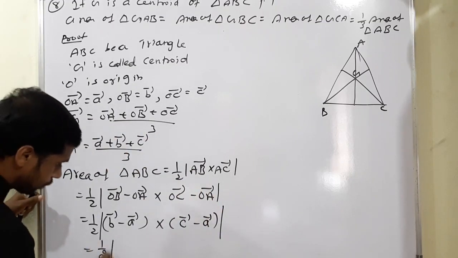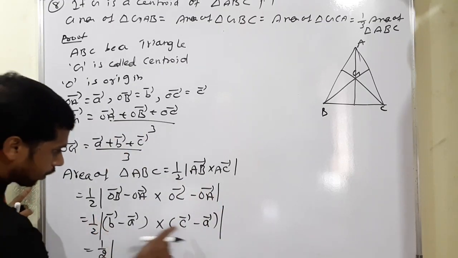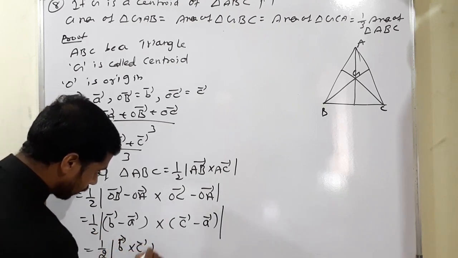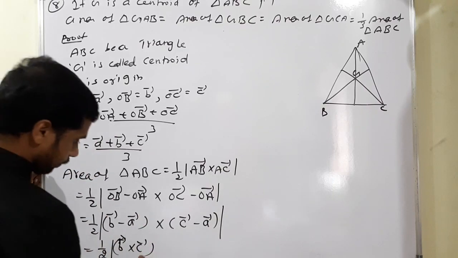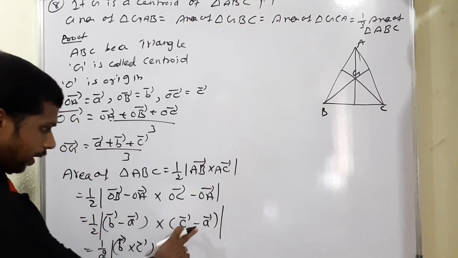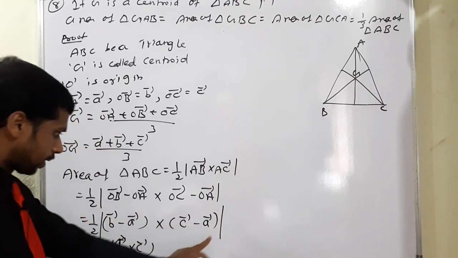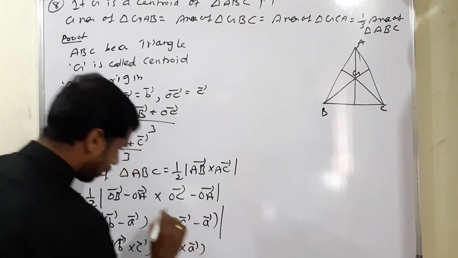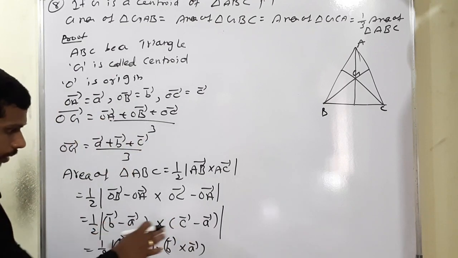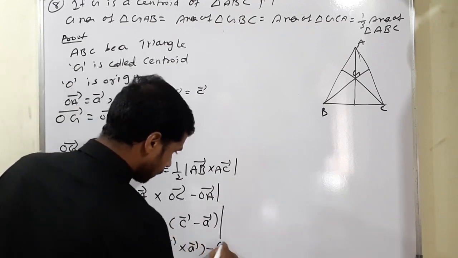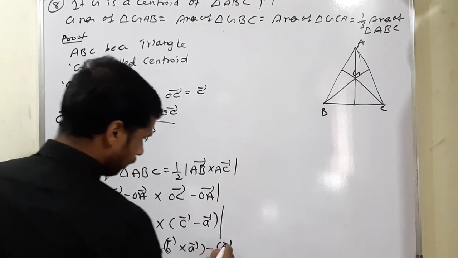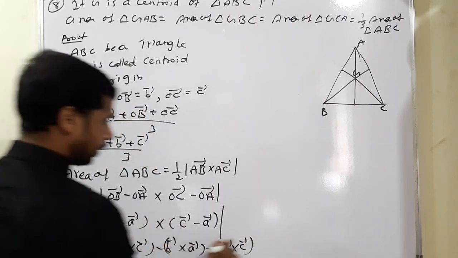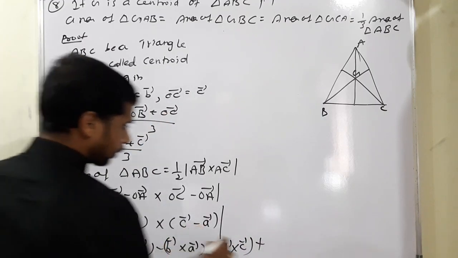Multiplying out: B vector cross C vector, next minus B vector cross A vector, minus A vector cross C vector, then minus into minus plus A vector cross A vector.